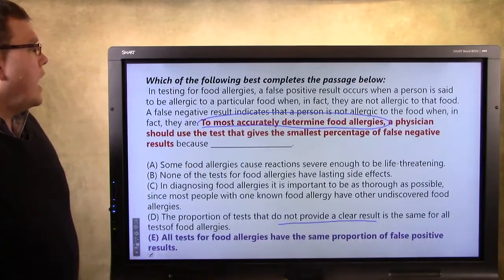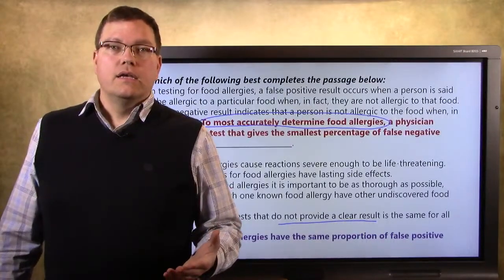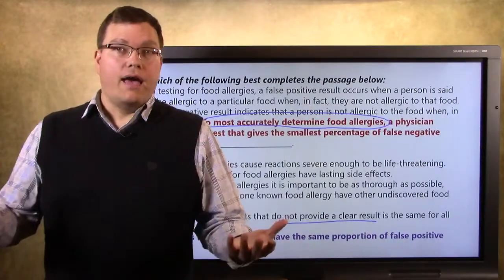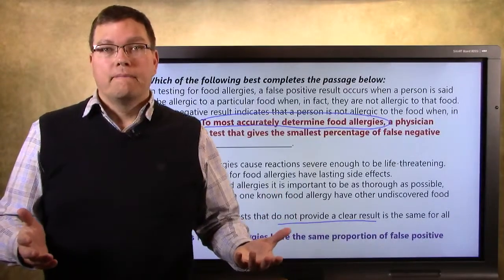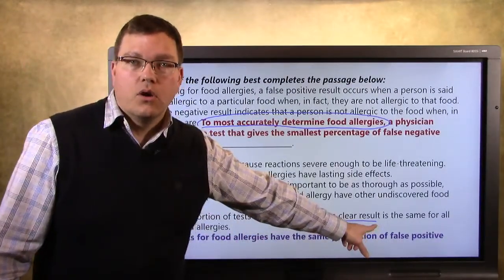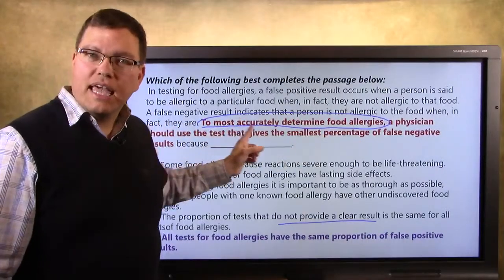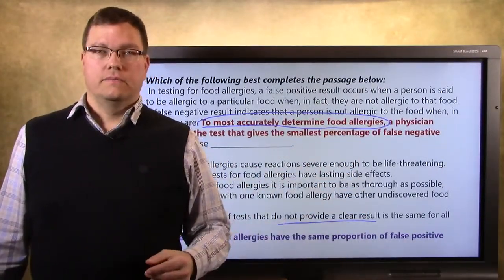So to most accurately determine food allergies, if you go in to get tested to see if you have an allergy or COVID-19 or whatever, and they don't get a clear result, right? That's not going to really determine the accuracy. They're going to give you another test or a different test.